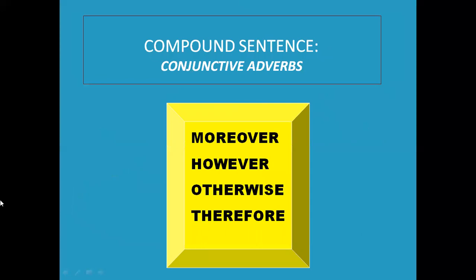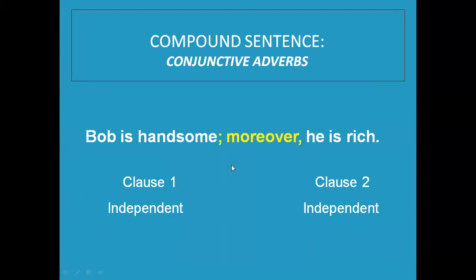Conjunctive adverbs. For conjunctive adverbs, we can see examples: moreover, however, otherwise, therefore. I just want to emphasize one thing. While making a compound sentence, we can also use conjunctive adverbs like moreover, however, otherwise, and therefore.